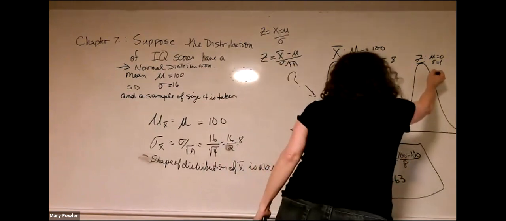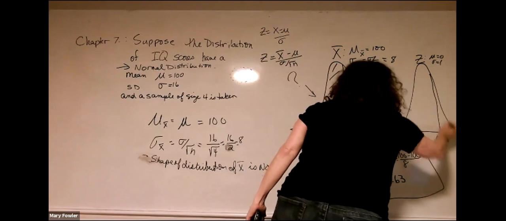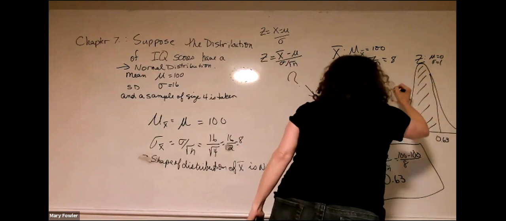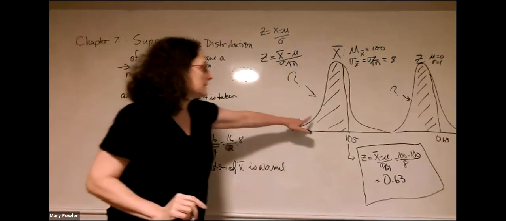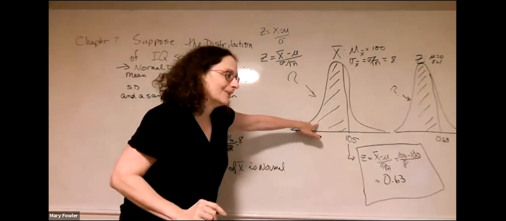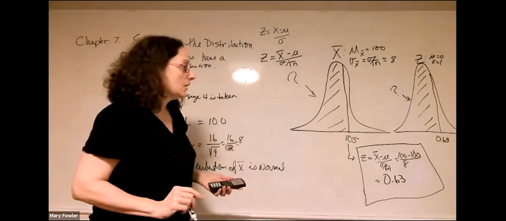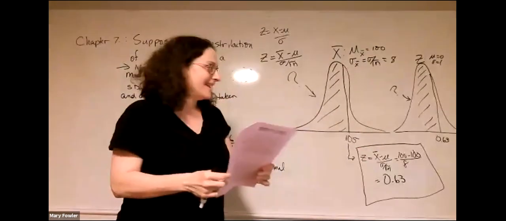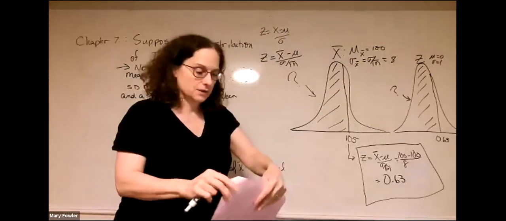Now what we want to do is find the area to the left of 0.63. That's going to be the same as the desired probability on the curve in the X bar world. So it's a left tail, and we're given the z-score and looking for an area, so it's going to be 1 direct lookup.